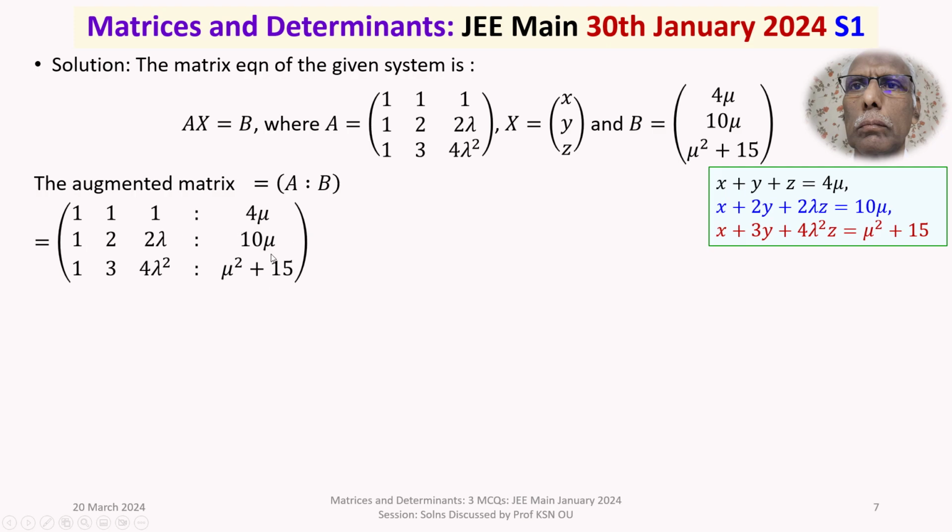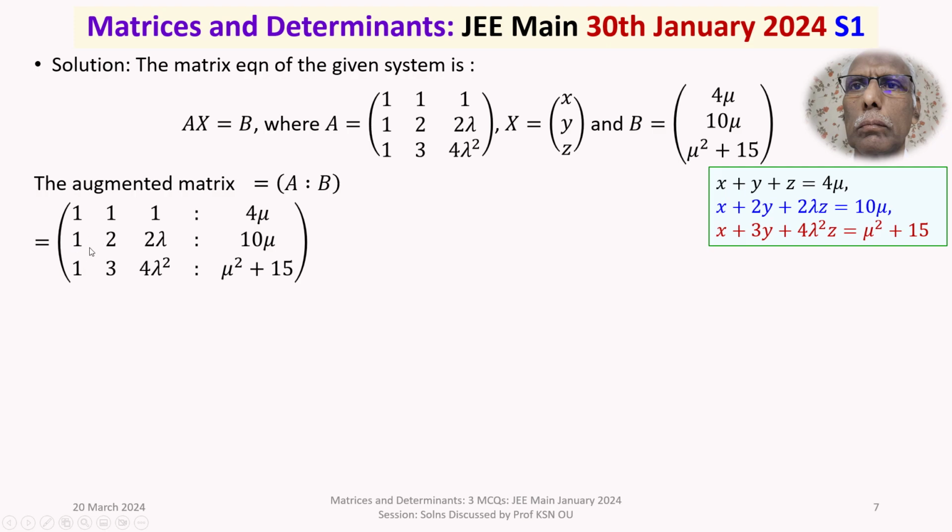To reduce this into an echelon form, you have to make the A21 position 0 and A31 position 0. To do so, we subtract the entries of the first row from the entries of the second row. Then you will get a 0 here, in the A21 position.